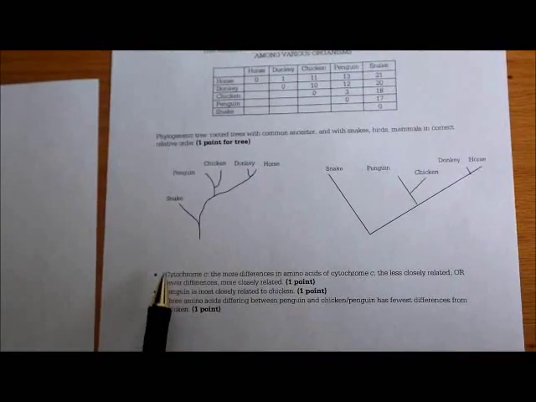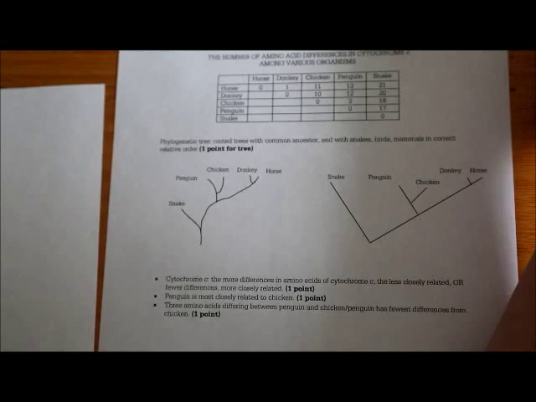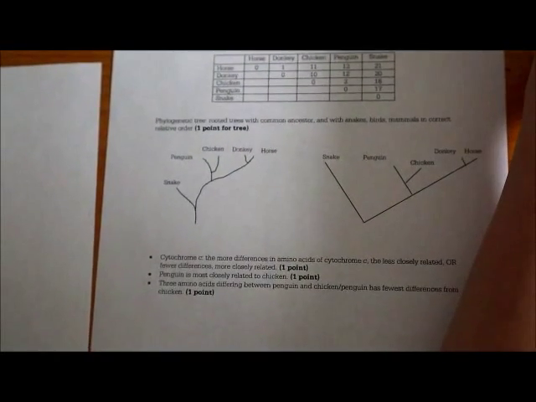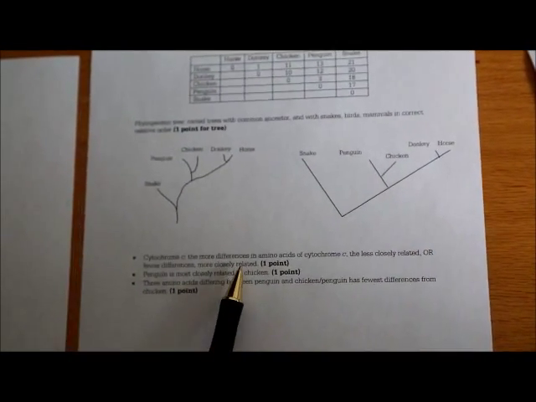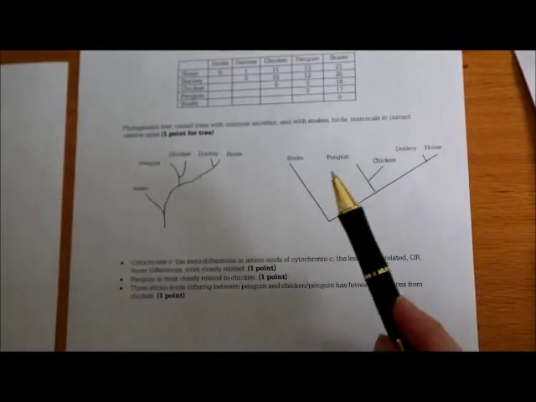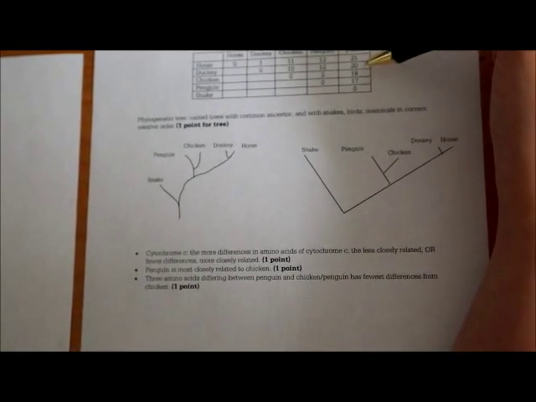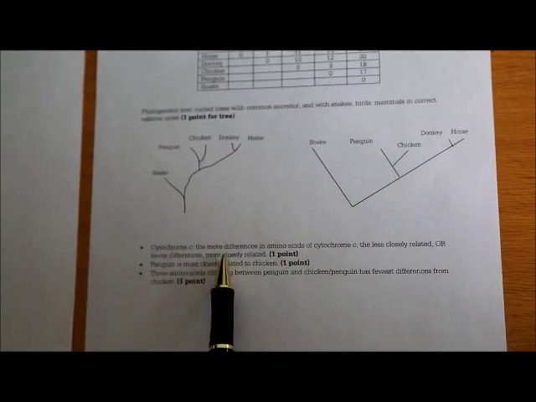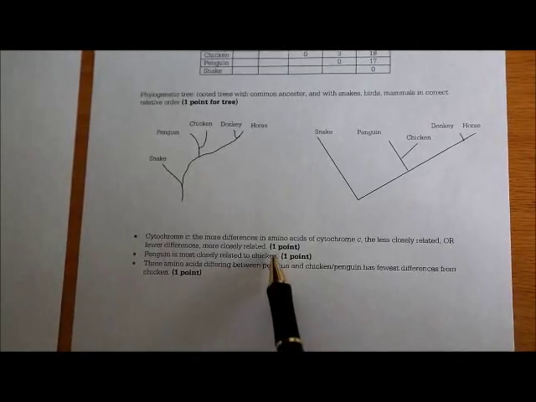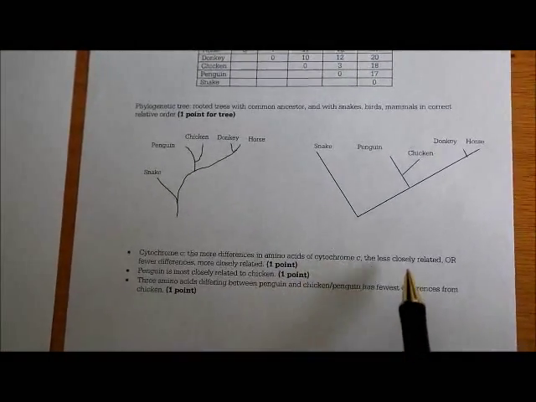In the explanation part, they want you to explain the relationships of the organisms and identify which organism is most closely related to the chicken, so we go back to the earlier reasoning. The snake goes here because it has the most genetic differences in the amino acid sequence for cytochrome C. You get a point for saying that the more differences in amino acids of cytochrome C, the less closely related.